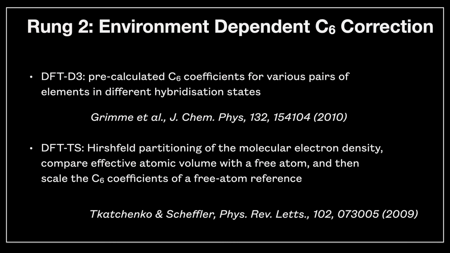You can also go beyond that. You can do what's called DFT-D3 or DFT-TS, for Tkatchenko and Scheffler. Those approaches calculate C6 with different hybridization states. And these work pretty well, in many cases. But again, there are coefficients in there.